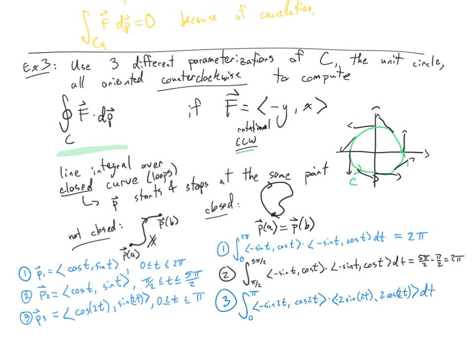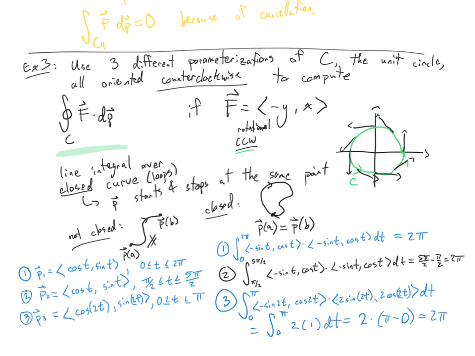dt. And I can pull those 2's out, and then what I'm left with is sine of 2t squared plus cosine of 2t squared. So my integral becomes 0 to pi 2 times 1 from the sine squared plus cosine squared dt, which also gives you 2 times pi minus 0, which is 2 pi.